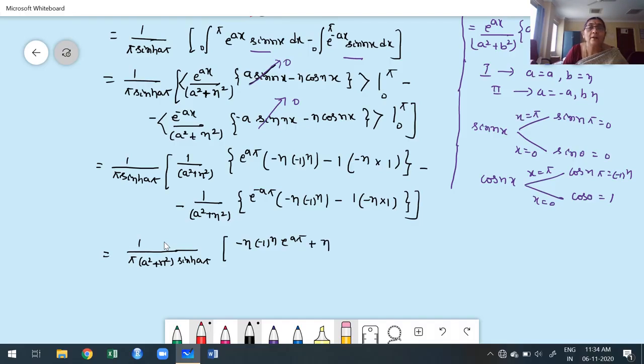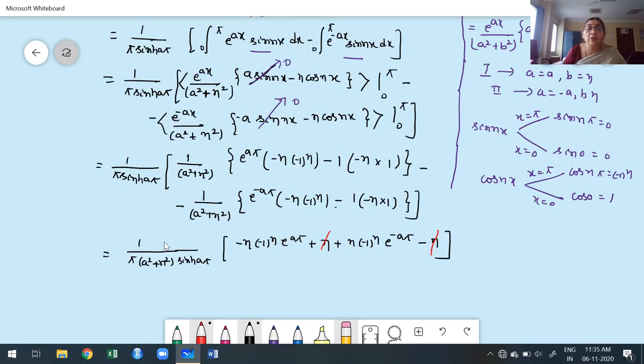And then minus into minus is plus n into minus 1 to the power of n into e power of minus a pi. Observe carefully. Minus into minus plus, plus into minus is minus, we get n. Now which terms are cancelled? Plus n and minus n are cancelled.